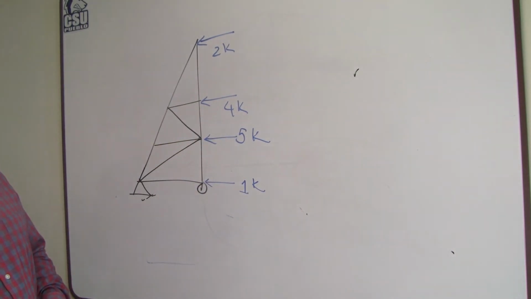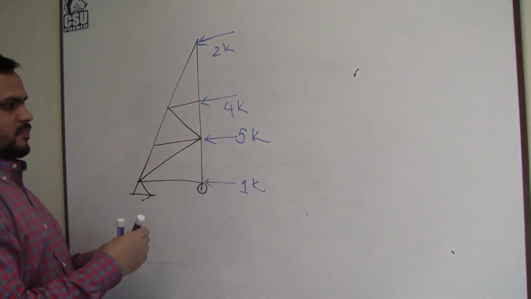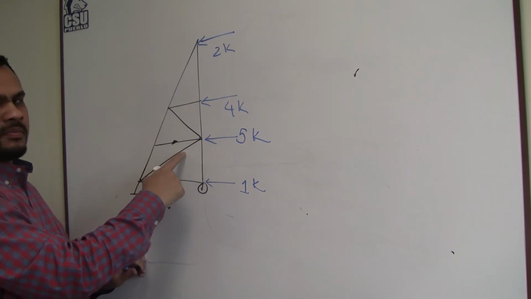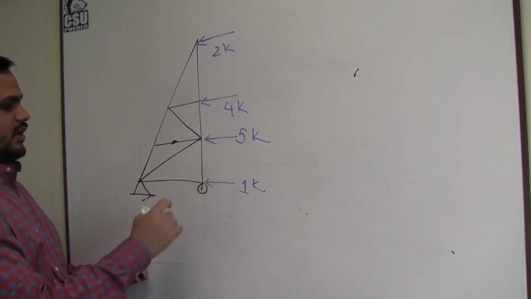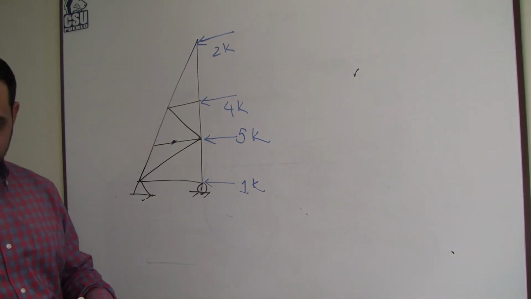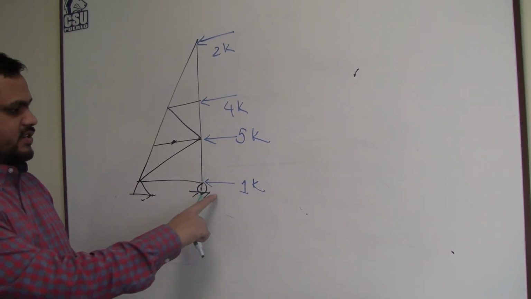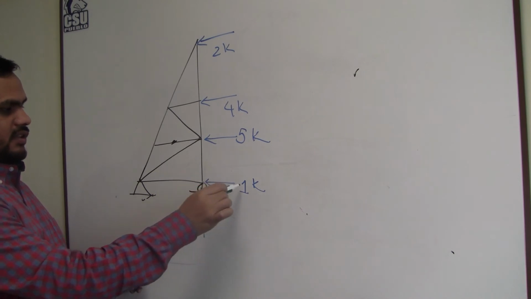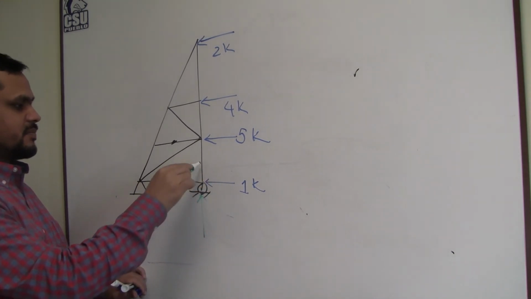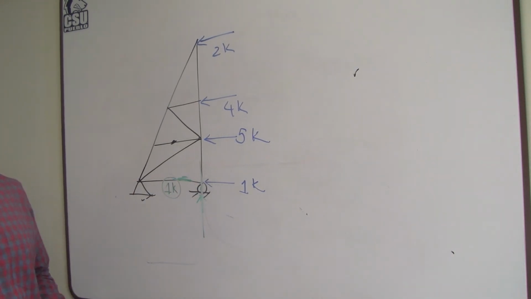Then if I take this joint, there are many members. This force is in the same direction of this member, but I have 2 more members, so I cannot tell it. Here, this is a roller support, so my reaction is this way. If I take this joint, this force is in the same direction of this member, and the others are perpendicular. So this member is taking 1 kip. I can directly tell it is 1 kip.